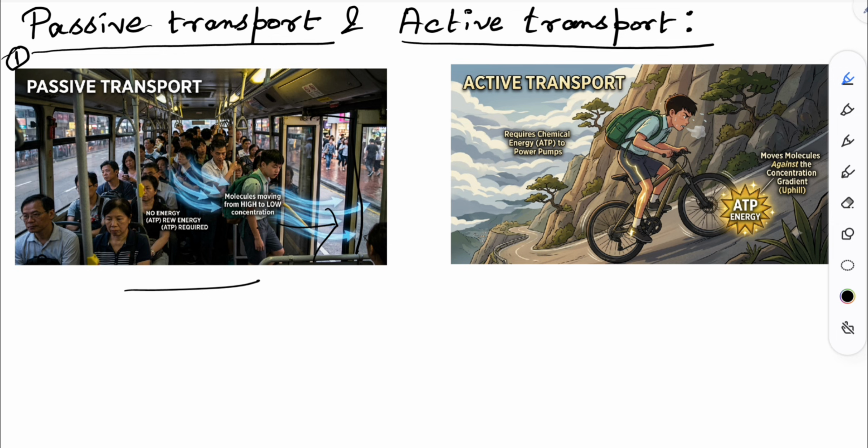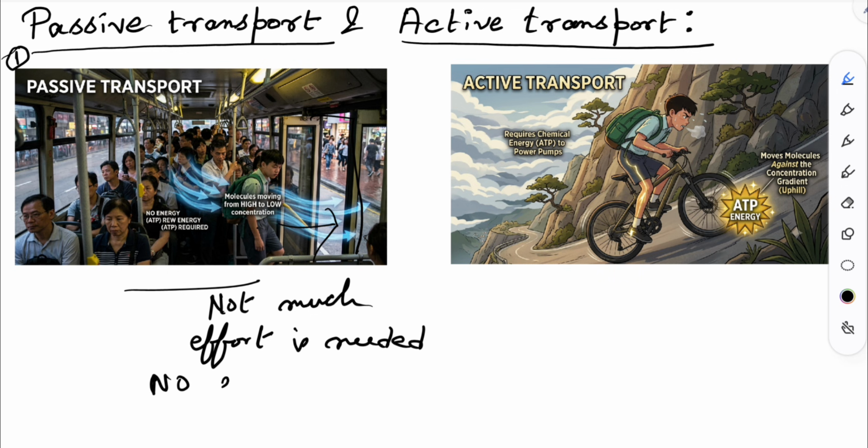So here not much effort is needed, right? When we say not much effort is needed, in the case of living things we will say that no energy is required.